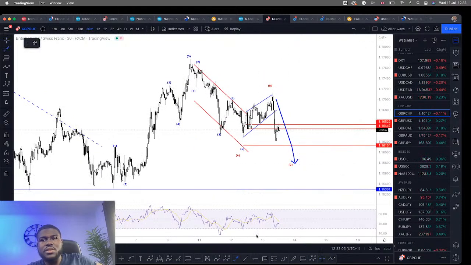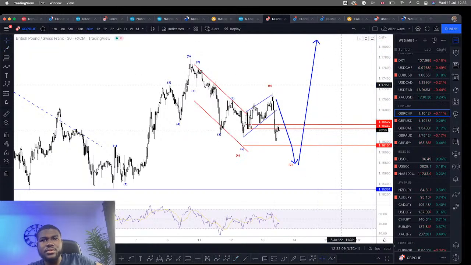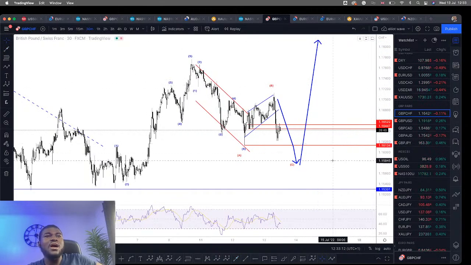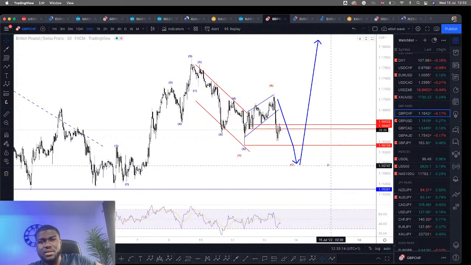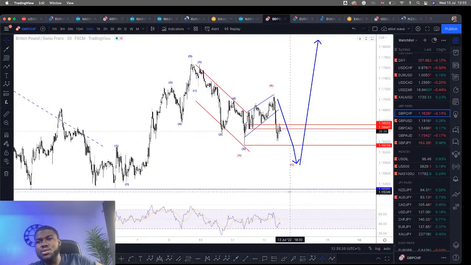We might see GBPCHF resuming the bullish scenario anytime soon. So that's what I have for GBPCHF, guys. I'm expecting a continuation of the fall to any region here, so far it doesn't break below this price of 1.15300.